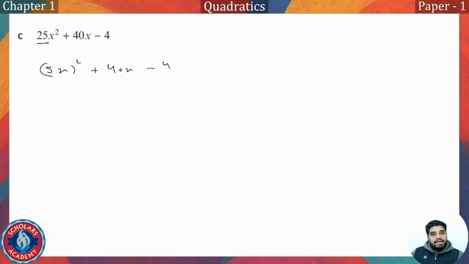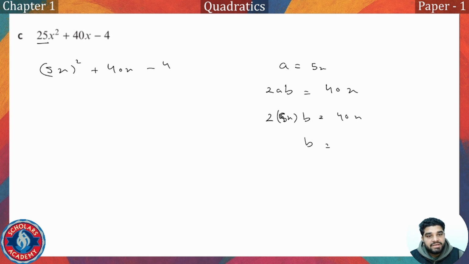We got a as 5x. We got 2ab as 40x. It means 2 times 5x times b is equal to 40x. It means b is equal to 40x upon 10x. That gives us b is equal to 4. b square is equal to 16.